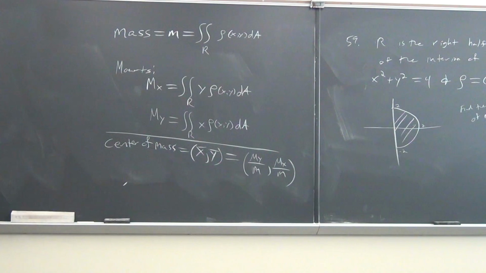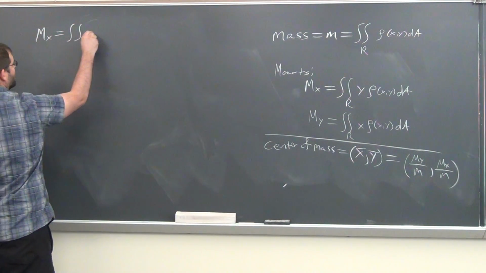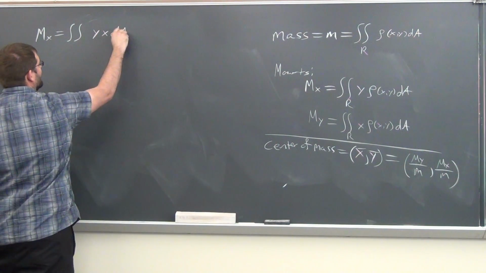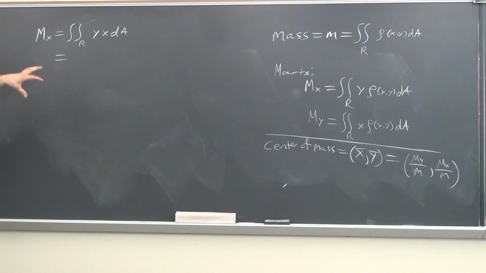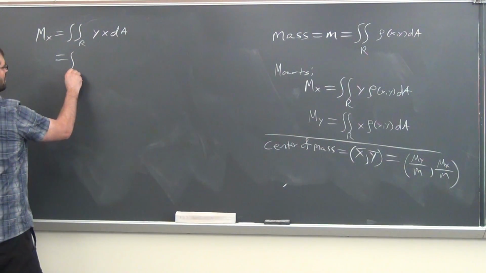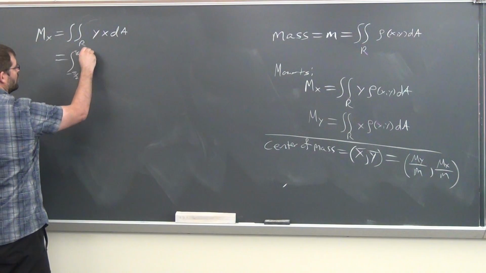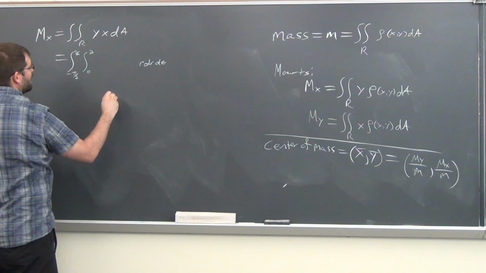So let's just slightly start this. m sub x will be the double integral of what? y times x. And whatever method you use to integrate, you're probably going to use the same one, because you picked that method because of the region, not because of your function. So even though you tweak this function, your region is still a circle, so it makes much more sense to do polar coordinates. All right, what do we get on the inside then?